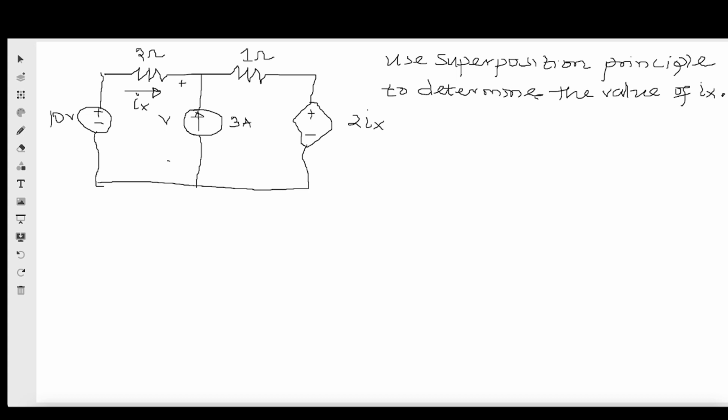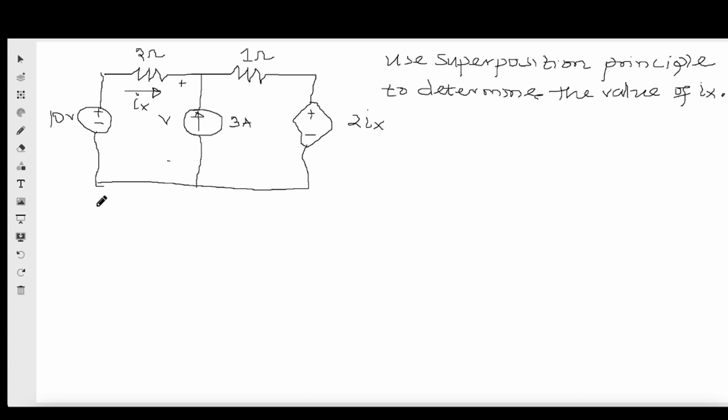So what do we do? We add the responses caused by the separate independent sources acting alone. We have two independent sources, the 10 volt voltage source and the 3 ampere current source.